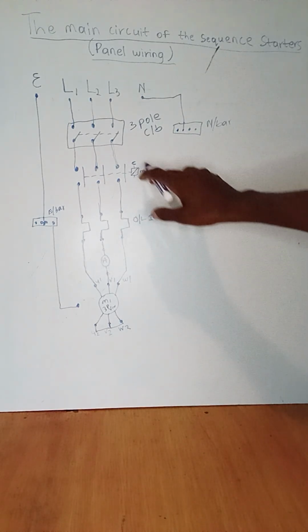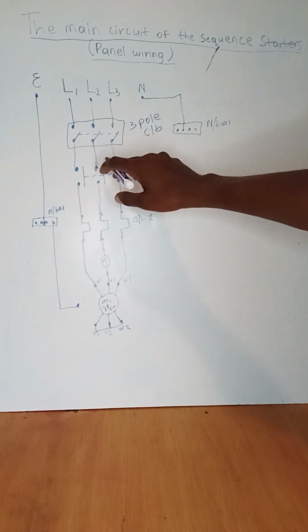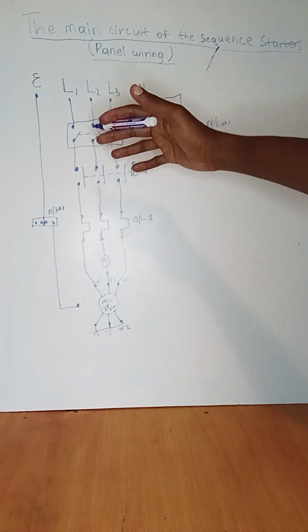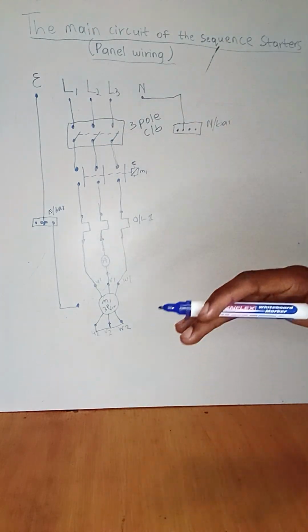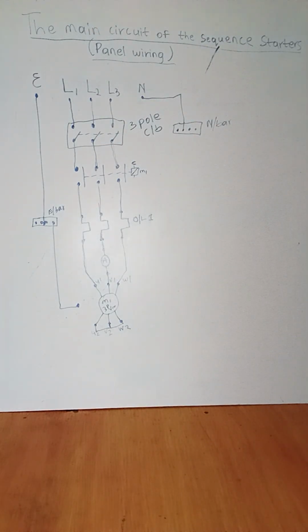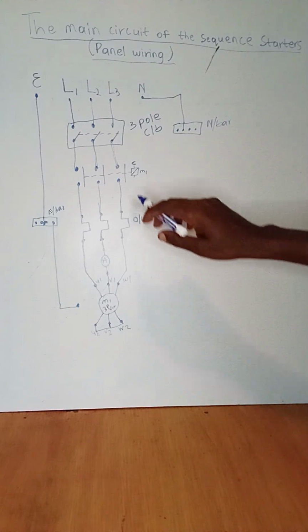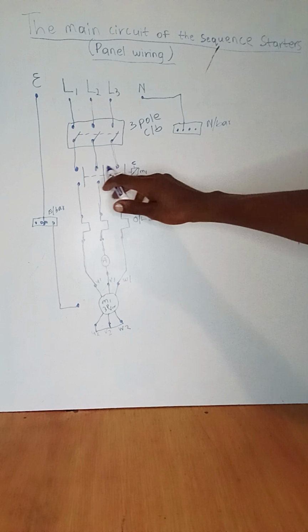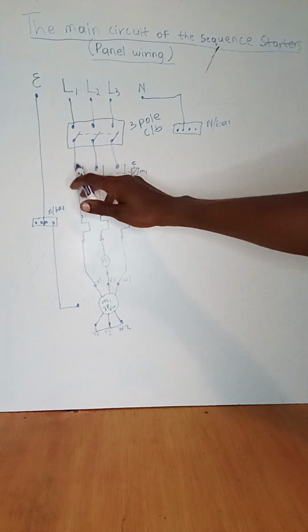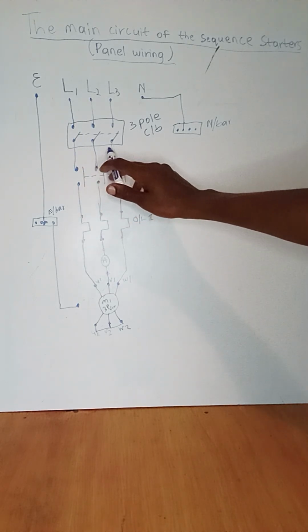Both motors must depend on the triple circuit breaker, which means you must supply both of them after the connection of the triple circuit breaker. So my supply after the triple circuit breaker is these wires here. So this is my life 1, life 2, life 3.